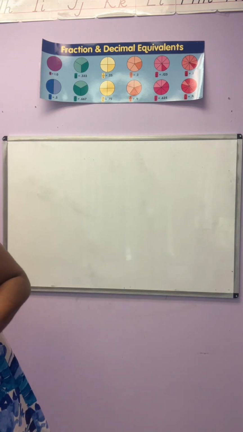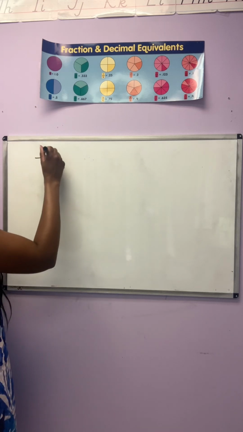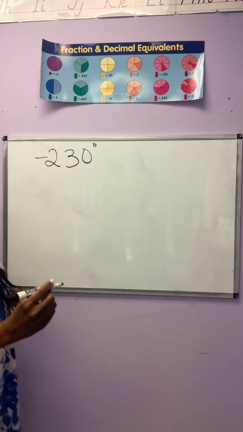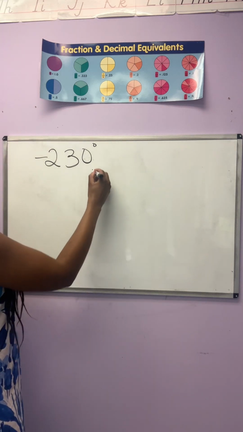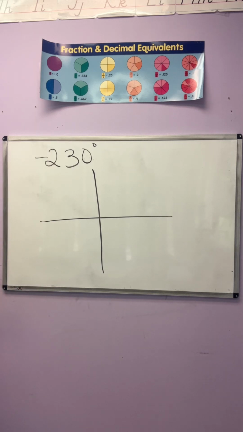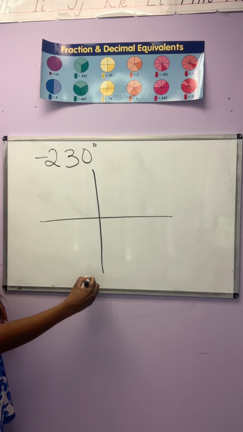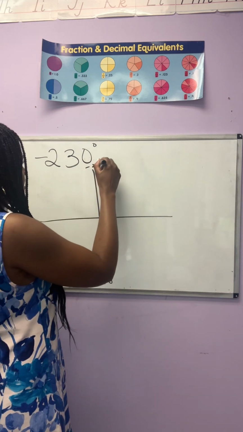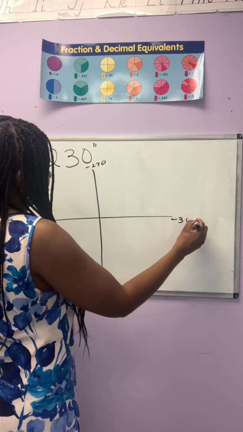All right, but let's try this one, negative 230. So for negative 230, it's the same thing. Negative 90, negative 180, negative 270, negative 360.